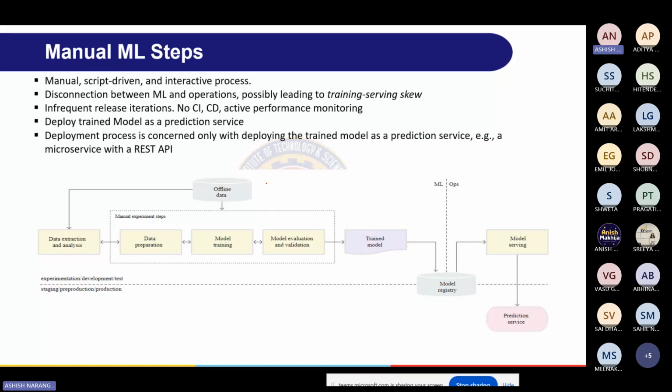So it is basically manual, script driven, and there are certain interactive processes. There's a disconnection between ML and operations, possibly leading to training serving skew.